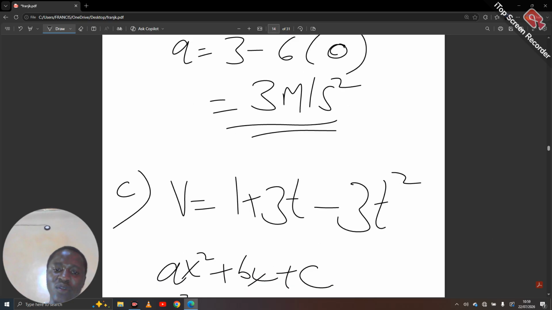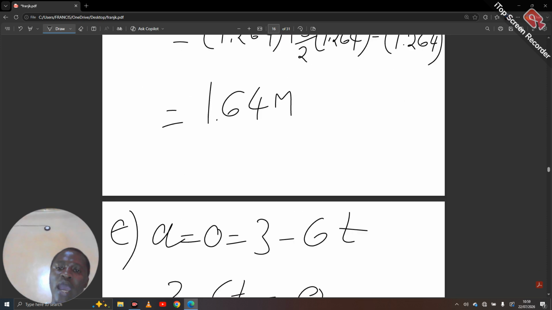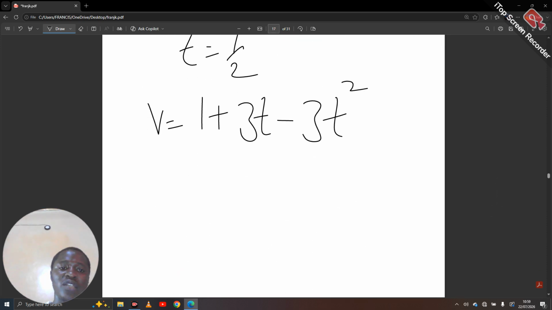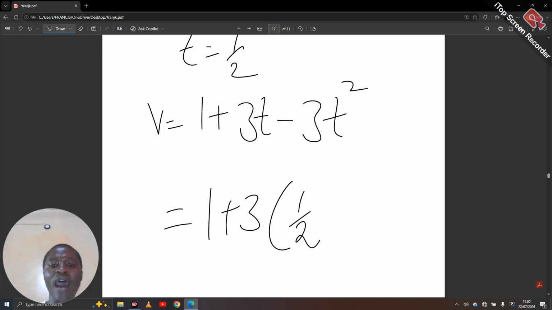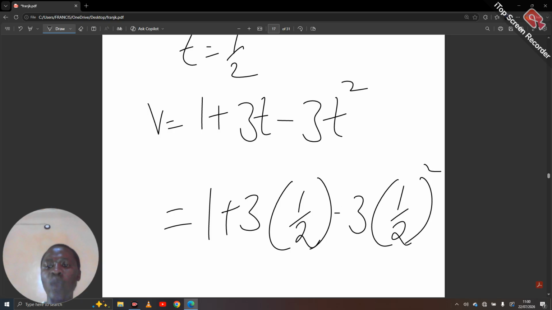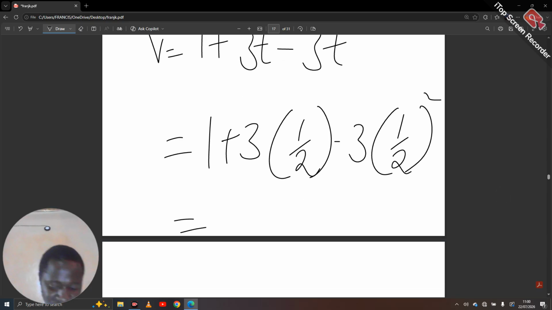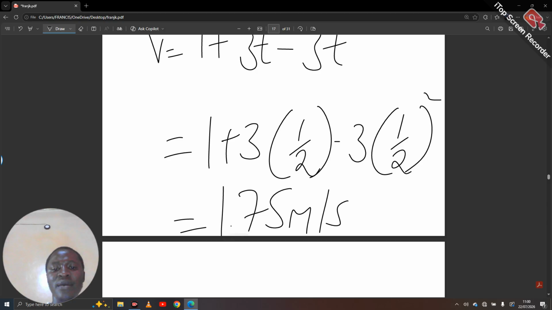Yeah, this one: 1 plus 3t minus 3t squared. So what are we having? We are having 1 plus 3, you substitute a half, minus 3 into a half squared. The work of a calculator. So having this, we shall have 1.75 meters per second.